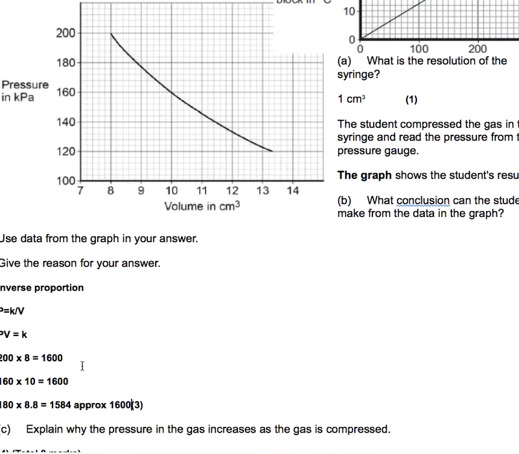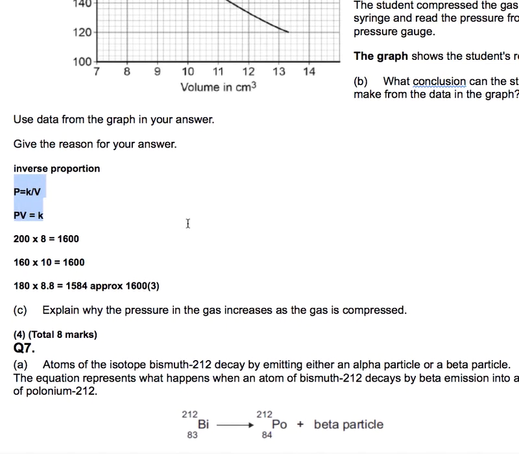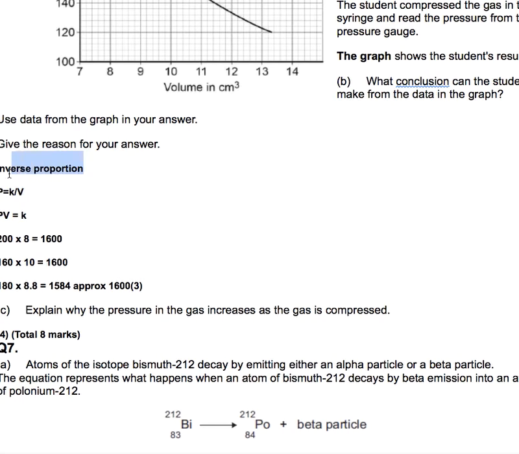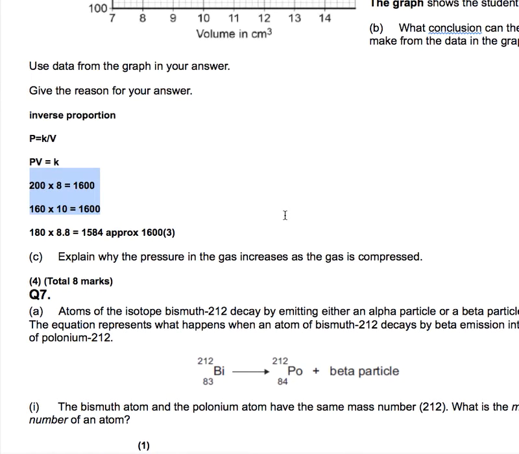If you did each of these to 2 sig figs, you'd get 1600. So I would always try and do 3. The mark scheme asks for 2. This is not necessary from the point of view of supplying the answer. It's just me explaining where we're coming from. Okay, so inverse proportion, 1 mark, couple of points of evidence, 1 mark each for your 3 marks.